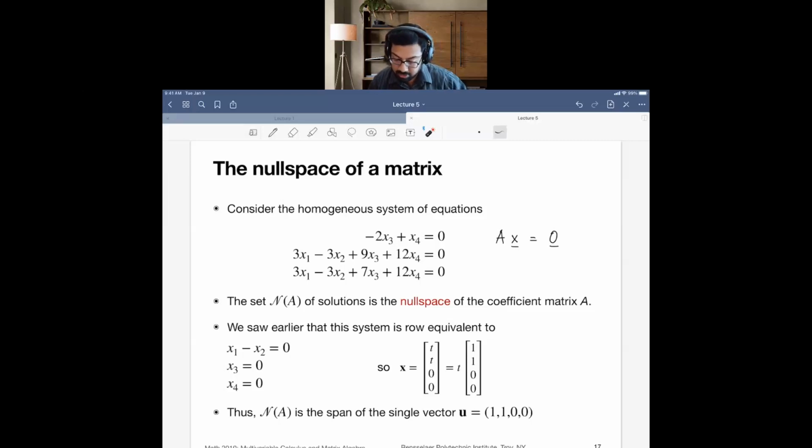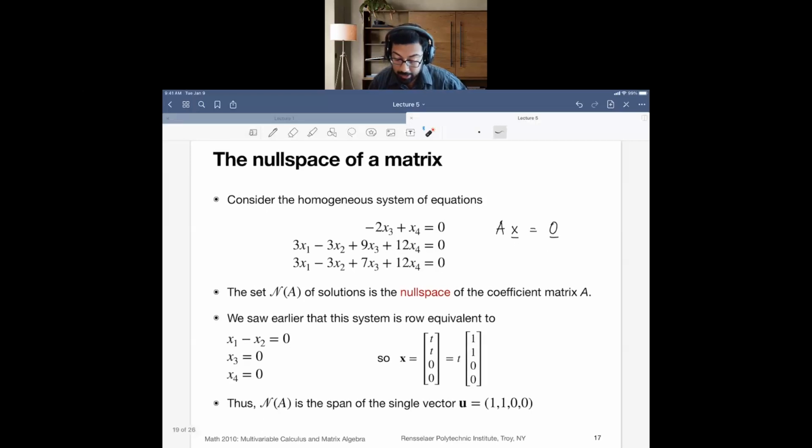So we can do this particular example here. If you start off with this particular homogeneous system of equations and you row reduce that augmented matrix, you will be able to get these three solutions. The first one will be x1 equals x2, the next one will be x3 equals 0, and the last one will be x4 equals 0 as well. And we have done this exact example in the previous lectures.